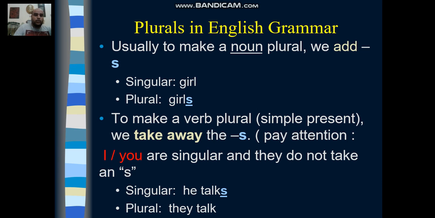With I, you, we, and they in the simple present tense, you're not going to add anything to the regular verbs, of course. Okay? Bear in mind, with the regular verbs. I'm not talking about to be. Okay? With he, she, and it, always you're going to have an S. It's like forever you're going to have an S. Okay? Even to be is going to end in S, in spite of being a strong verb.